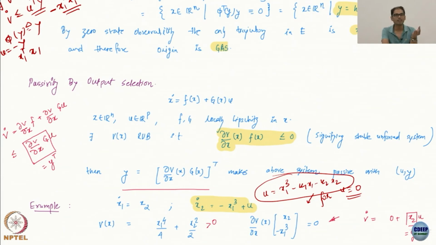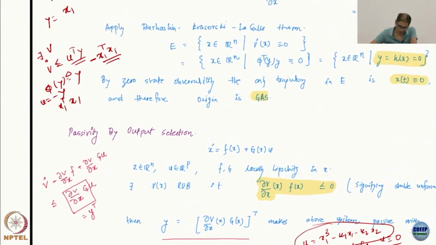We might have the flexibility to choose outputs so that you have the passivity property with respect to that output. Remember, passivity is a property which is somehow related to input and output. But if you have the choice of choosing an output, you might be in good shape. So that is one of the things.